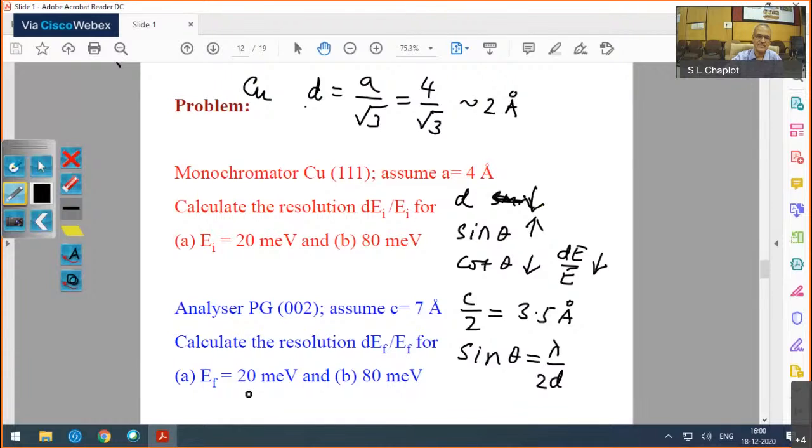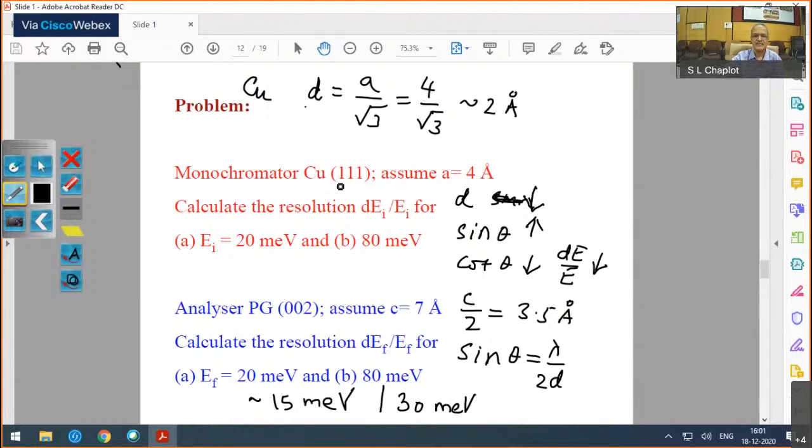Typically graphite is used around 15 millielectron volts, or also around 30, because at those energies the second order reflection contributions of the Bragg reflection, those neutrons, can be removed by putting in an appropriate filter.